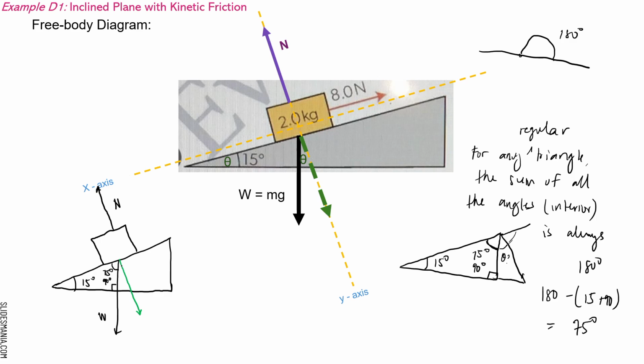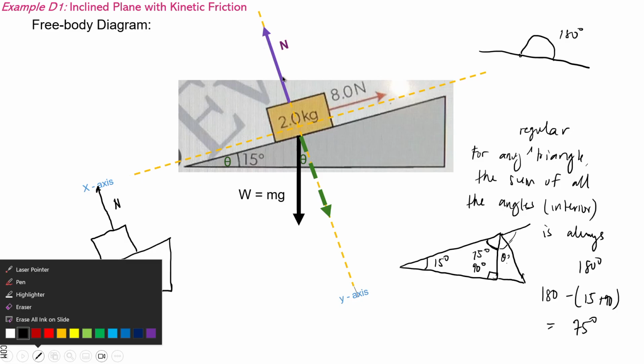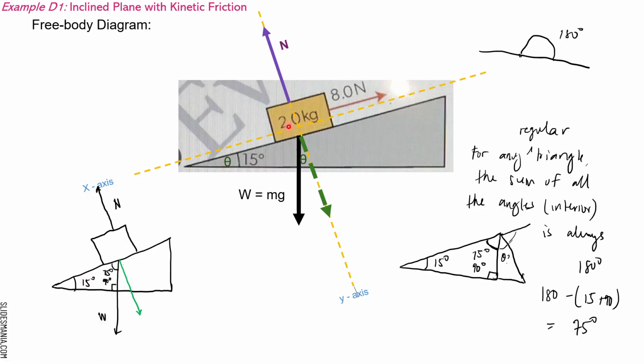Well, if we look back at what we drew, we noted that this green arrow aligns with the normal force. It aligns with the y-axis. And what did we say about the normal force? The normal force that a surface exerts on an object is always perpendicular to the surface itself.